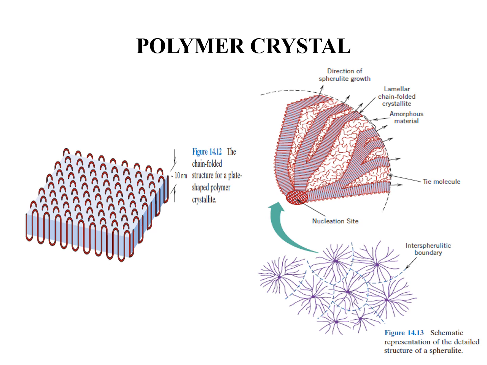One of them is found in natural rubber. The spherulite consists of ribbon-like chain-folded crystallites or lamellae that radiate outward from a single nucleation site.